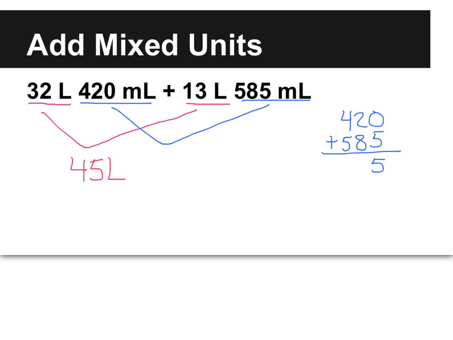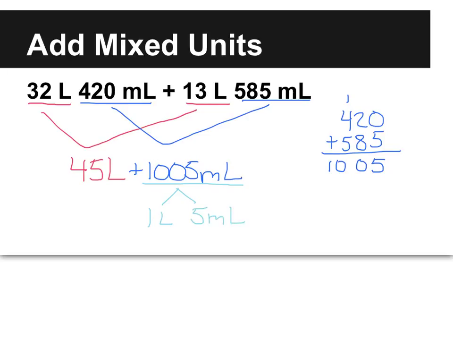0 plus 5 is 5, 2 plus 8 is 10, 1 plus 4 plus 5 is another 10. I was right, it is going to be over 1,000. So then I get 1,005 milliliters. I don't want to leave my answer like this because in 1,005 milliliters, if I break that up, I have 1 liter, and then I also have 5 milliliters left.